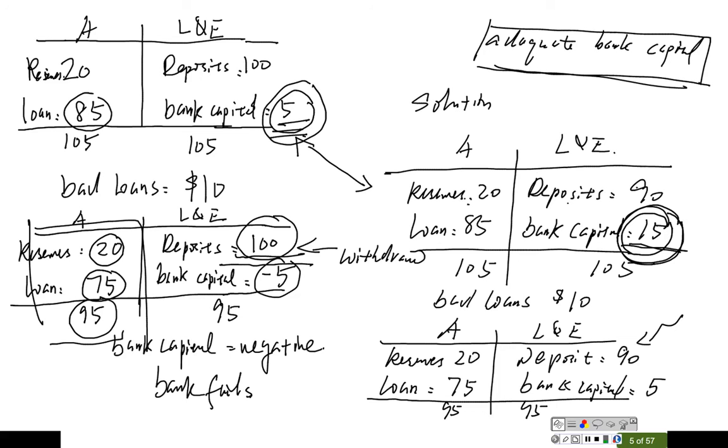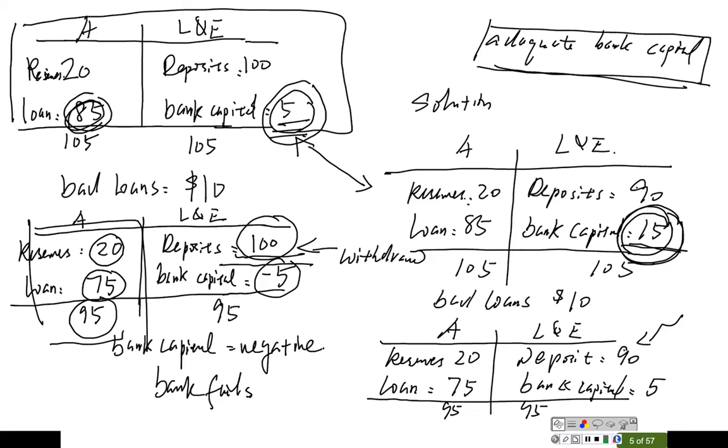After the financial crisis, regulators in many countries asked banks to keep adequate, or high enough, bank capital. You can imagine if we go back to the first case, when the financial crisis happened and the housing market collapsed, a lot of the loans' value declined to zero.